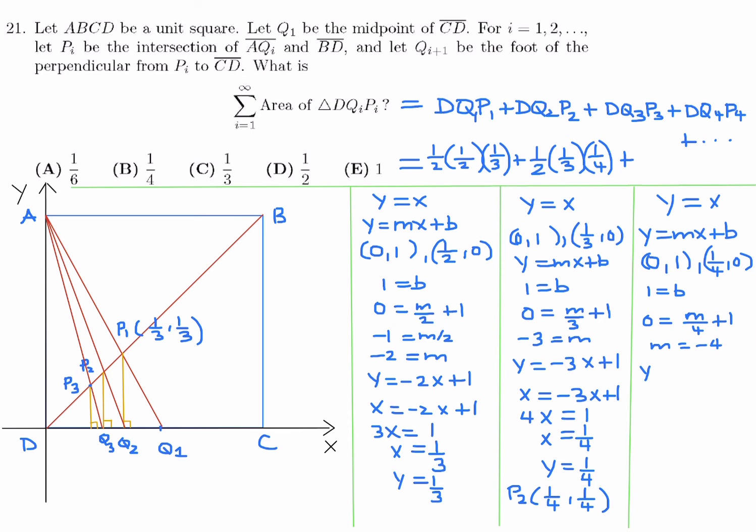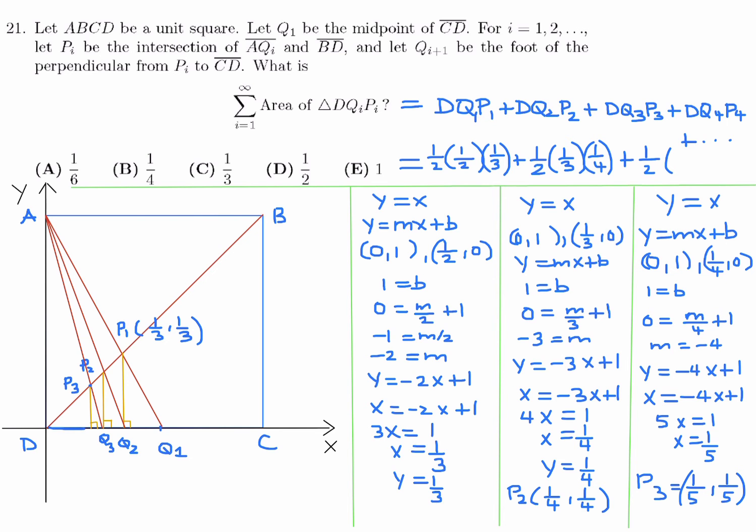So our equation is y = -4x + 1. Set that equal to x because we need to find the point of intersection, and we get 5x = 1, x = 1/5. So that point, P3, has the coordinates 1/5, 1/5. So therefore this triangle, the area would be 1/2 base.